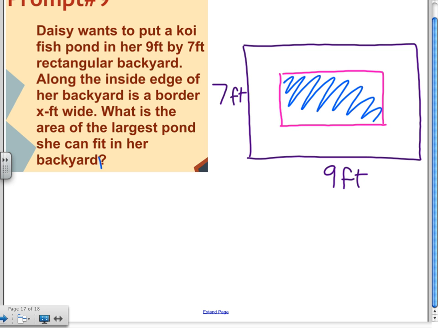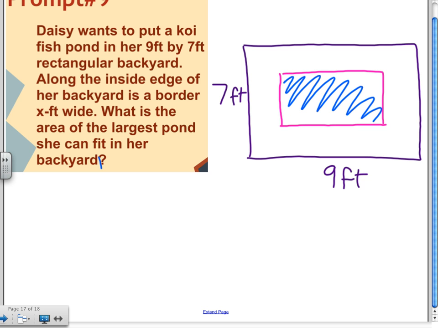And if you notice, the outside here is the walkway, is that true? So when it's mentioned the border, that's what it's talking about, the surrounding walkway. And it says x feet wide. That means as you walk on the sidewalk, that's how wide it is, x feet wide.